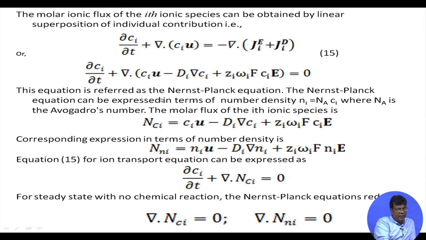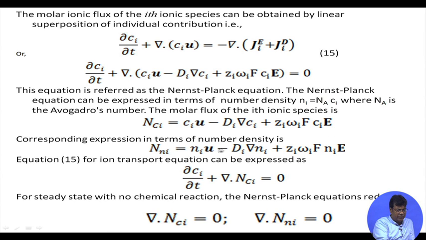So, we can now write the molar flux of the ith ionic species by this relation, C_i u, where u is the local fluid velocity, plus the molecular diffusion and the electromigration.